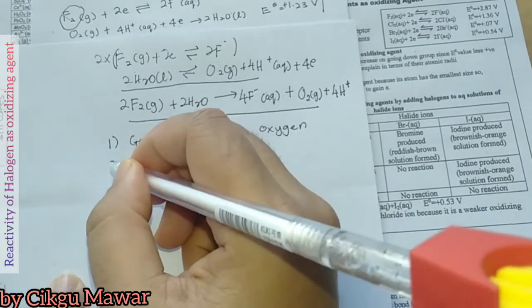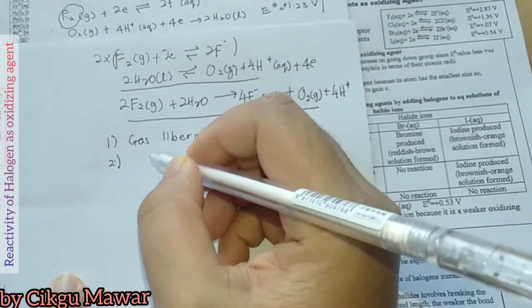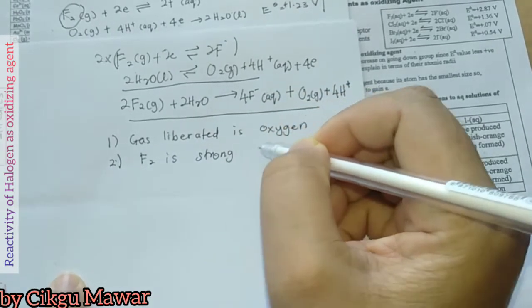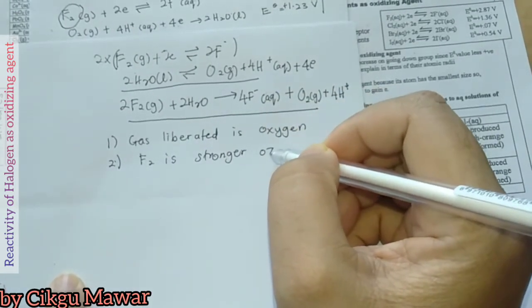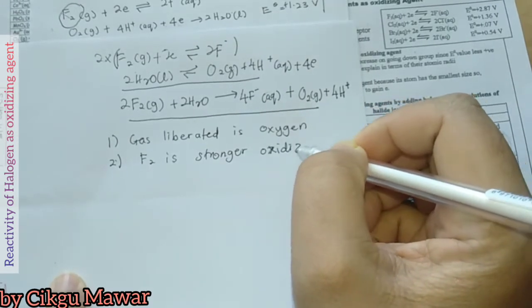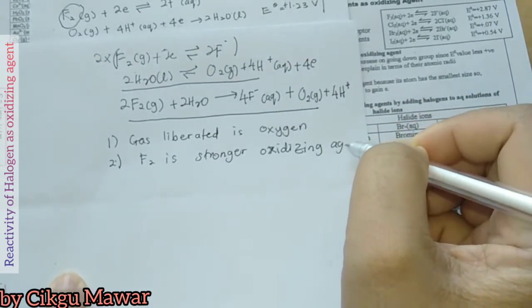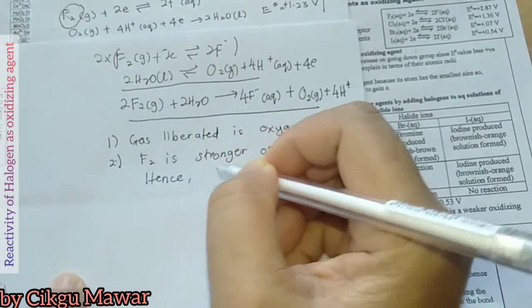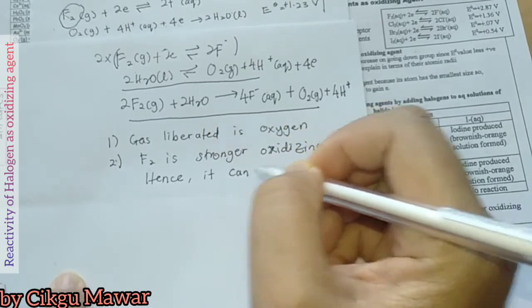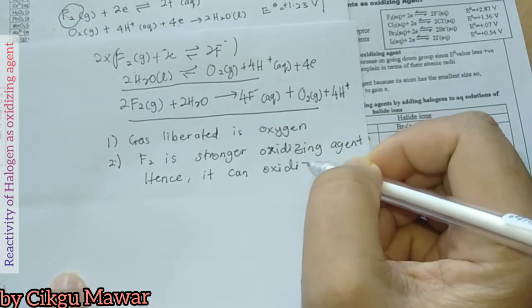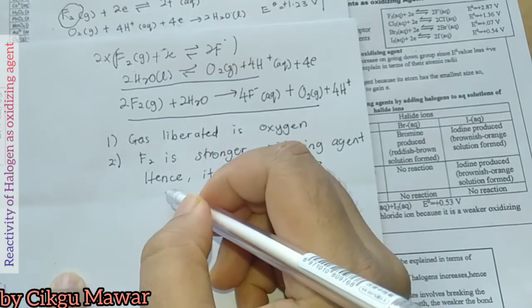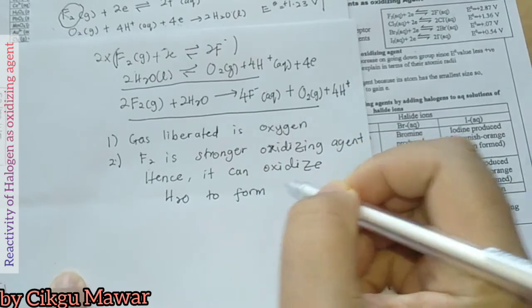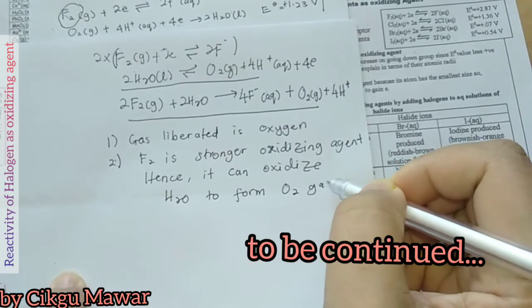Number 2, we can deduce that fluorine is a stronger oxidizing agent, hence it can oxidize water to form oxygen gas.